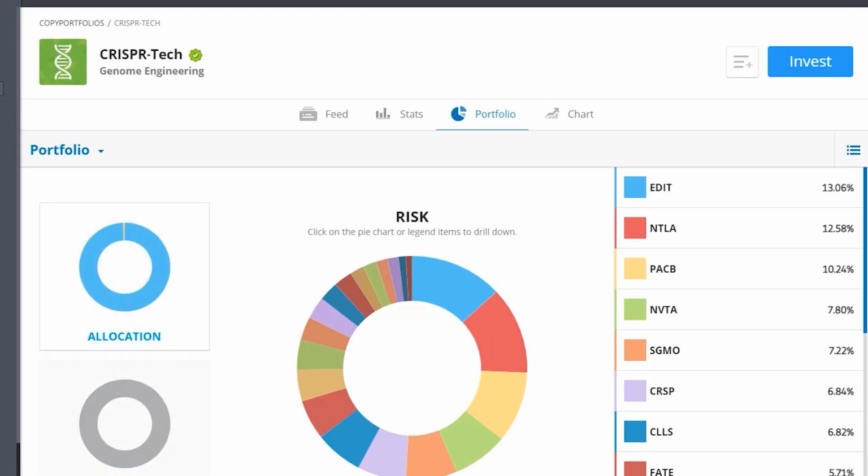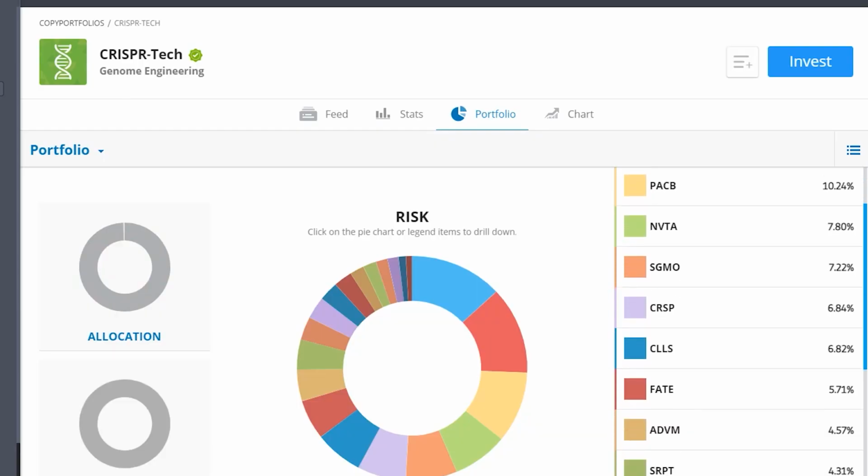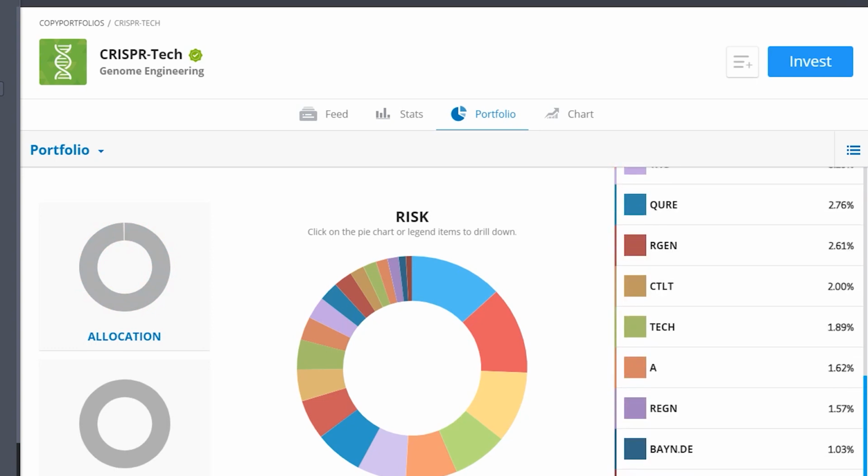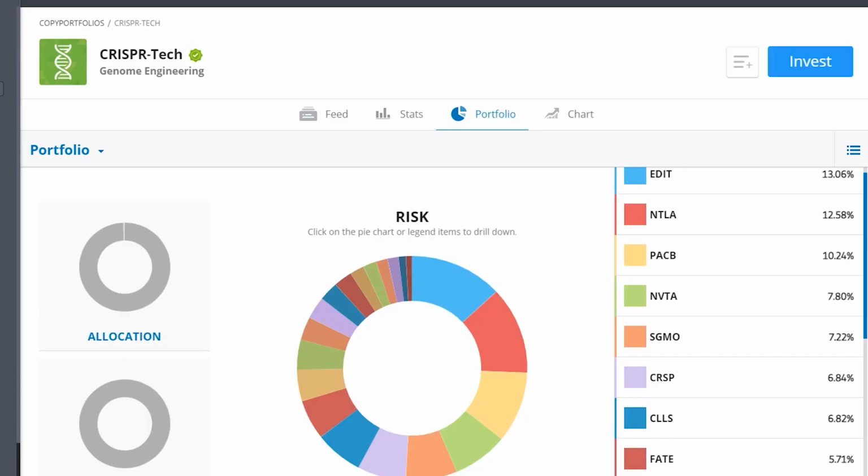If we have a look at risk, it will show you all of them. It won't just say other, it will show you all of them. You can have a little scroll on the side here, and it will tell you each individual asset and what percentage allocation it has to this particular market copy portfolio.